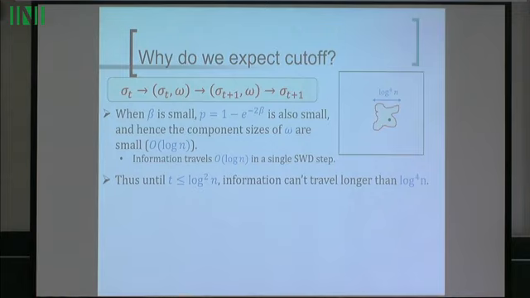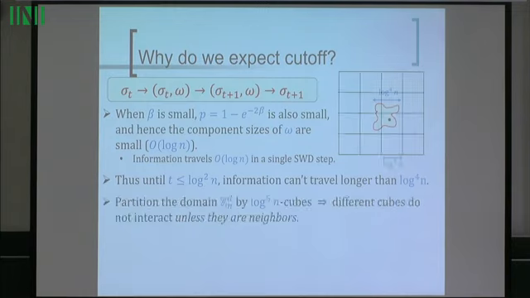So I added one more log here just to take union bounds over all time and vertices. So until sort of long enough time, our information can travel only a logarithmic distance.